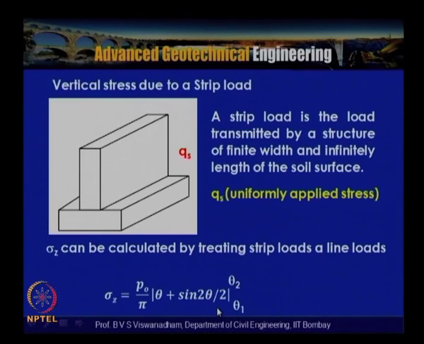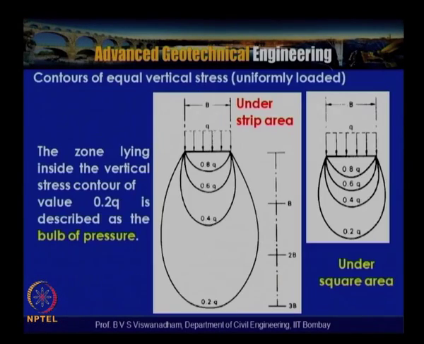This is what we discussed in the previous lecture, and the contours of equal vertical stress of uniform load intensity are given here, with the pressure bulbs seen under the strip area. The depth of influence can go up to 3B, and in case of a square area the depth is limited. The zone lying inside the vertical stress contour of value 0.2 q is described as the pressure bulb.